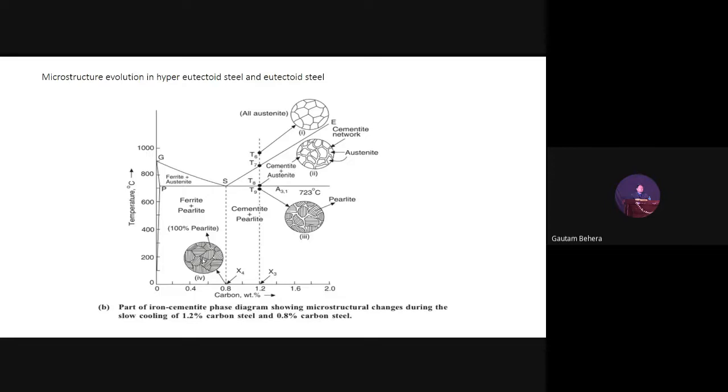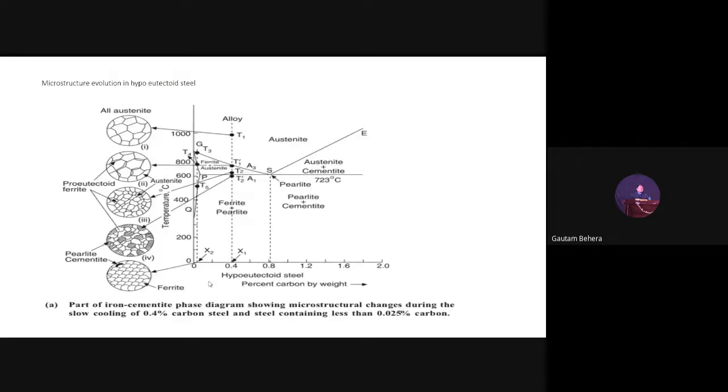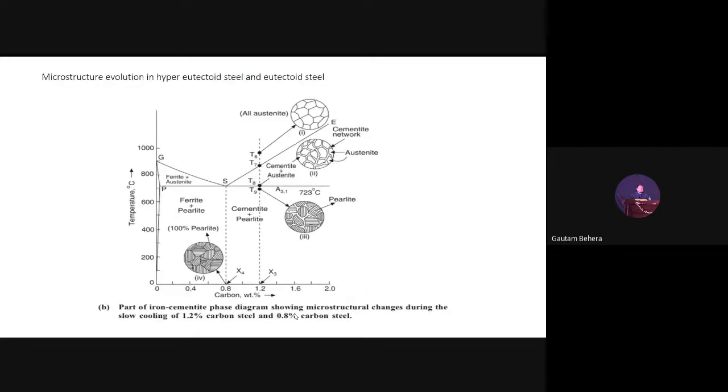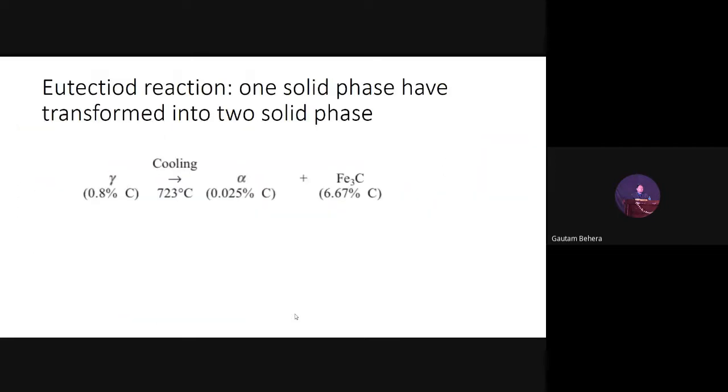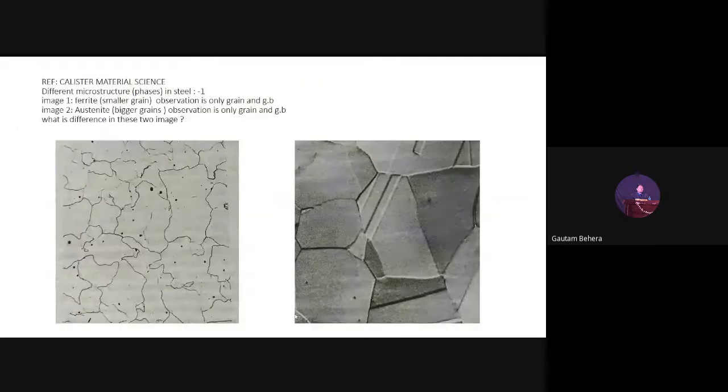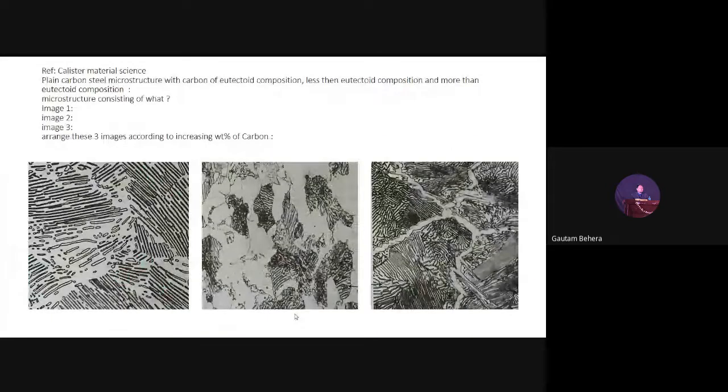This one is your eutectoid composition microstructure. And this one is hypoeutectoid composition, less than eutectoid composition. Okay, now tell me quickly. So among these three microstructures, which one is of eutectoid composition, which one is of hypoeutectoid composition, which one is of hypereutectoid composition?